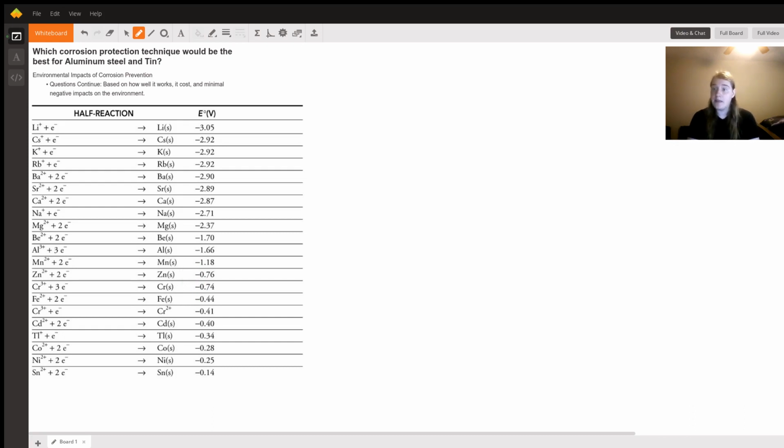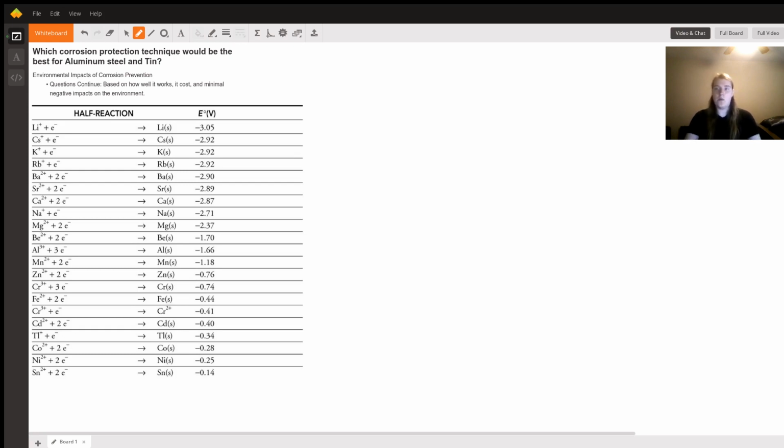What's most commonly used is zinc. If we look at galvanized nails or sacrificial anodes on bridges and dams, they're generally zinc. And the reason for that is, one, it's more easily oxidized than iron, two, it's dirt cheap, and three, the environmental impact isn't too bad.